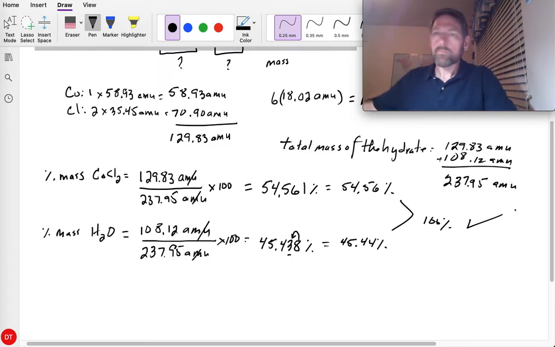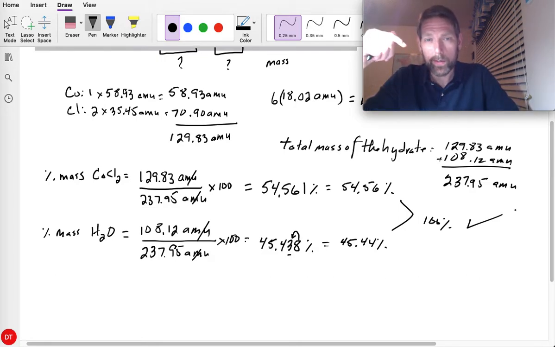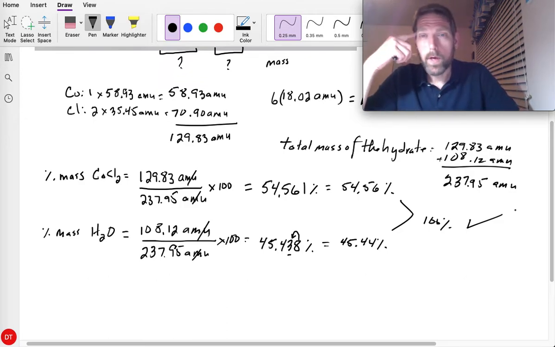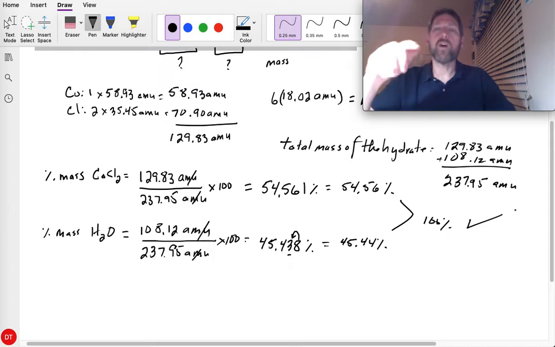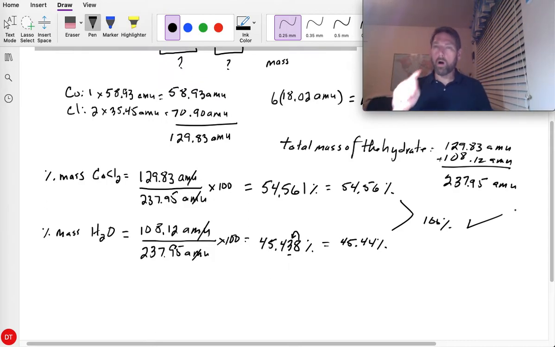Okay, let's think about this. No matter what the sample size is, because the ratio of salt to water is 1 to 6 in this example here, for every 1 cobalt 2 chloride, there are 6 water molecules, then that means that no matter what the mass of your sample is, 54.56% of it will always be the salt part, and 45.44% of it will always be the water part.